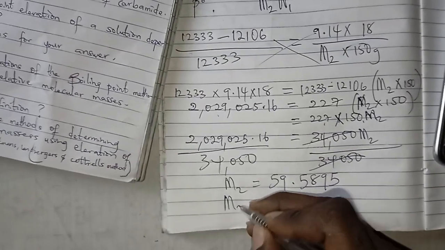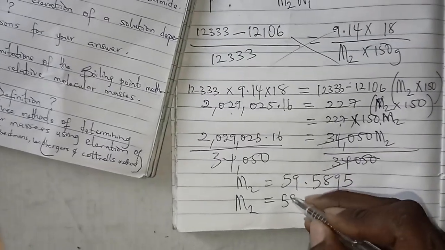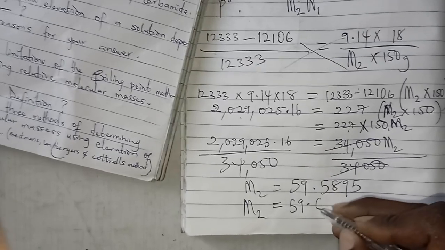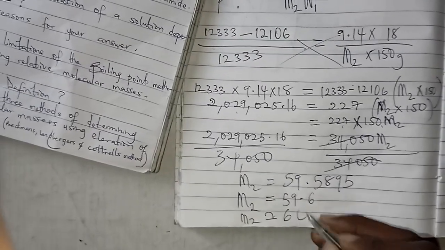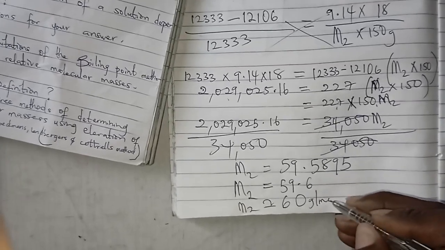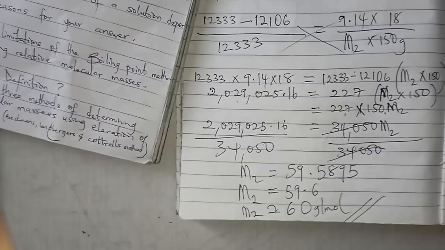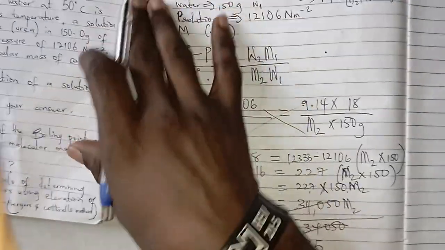So the molar mass of solute, M2, once you see 2 here, always know it's for solute, is 59.6, or I can even say M2 is approximately 60. And it's going to be gram per mole for molar mass. So that is the answer. That is how you go about it.